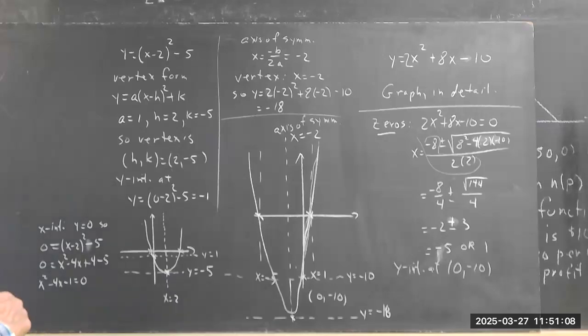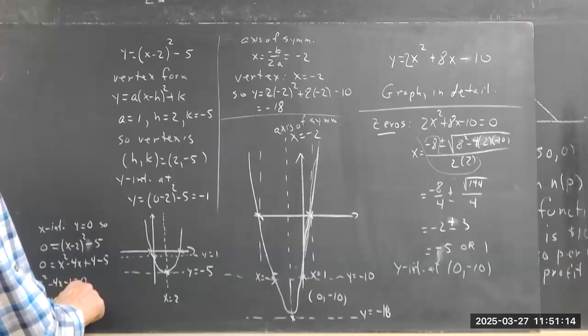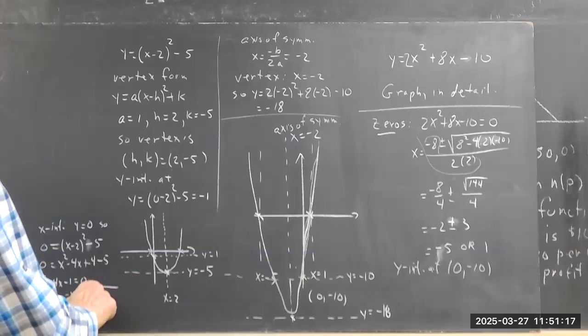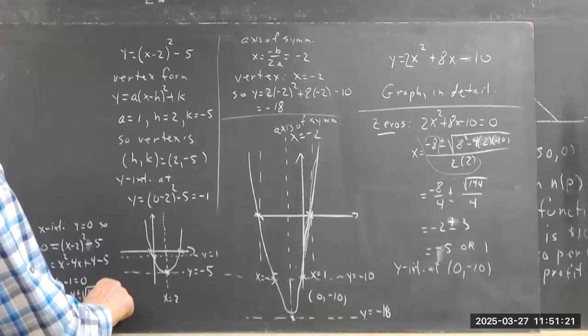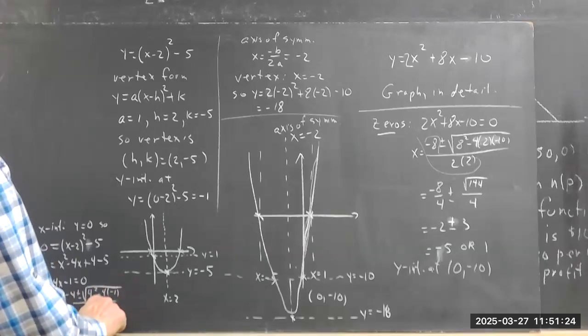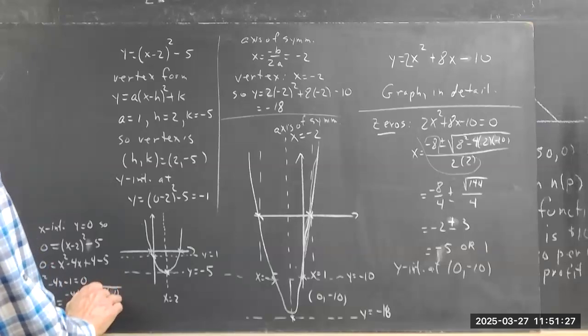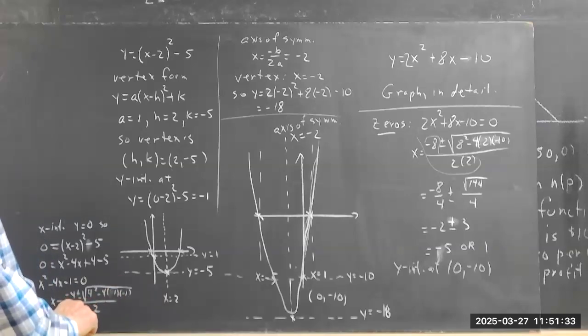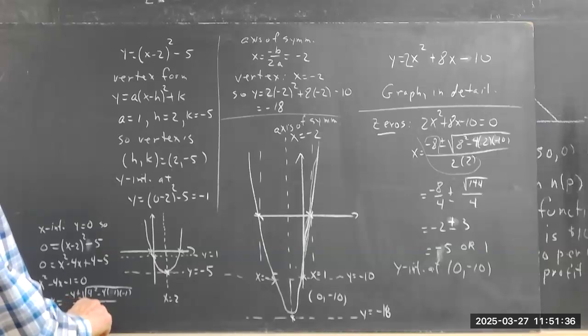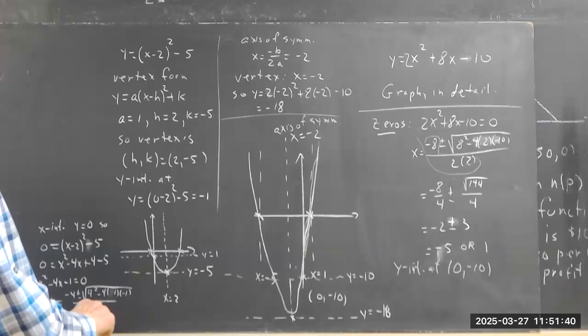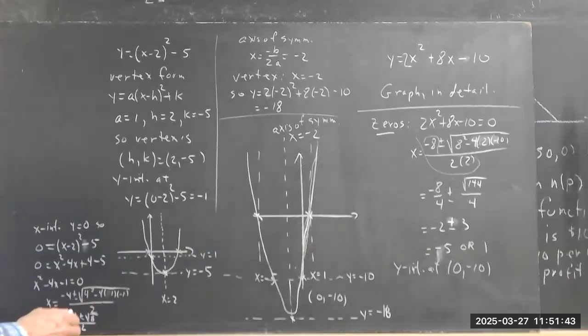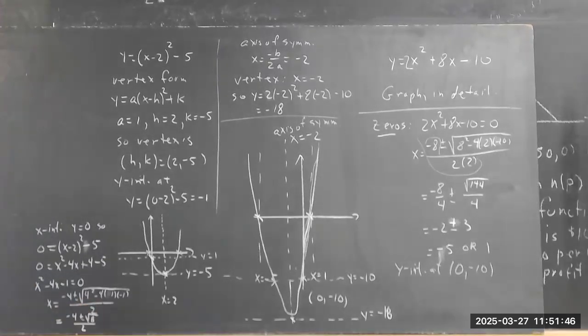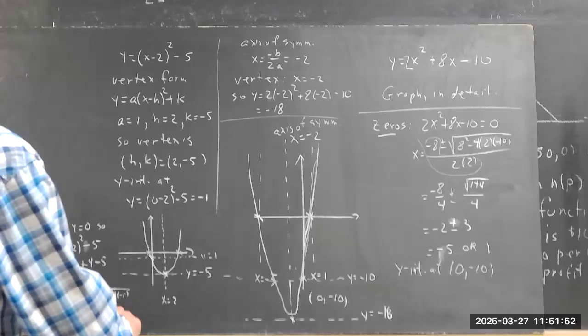That's right. A little small, but right there it is: -4 plus or minus square root of 8 over 2.